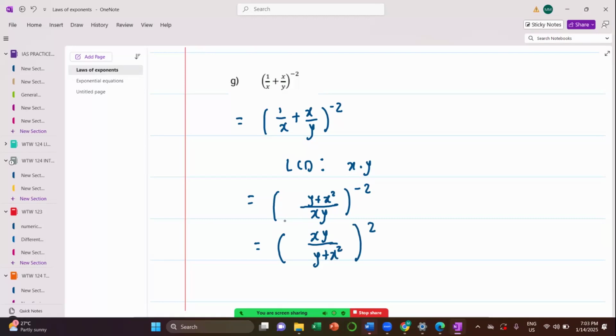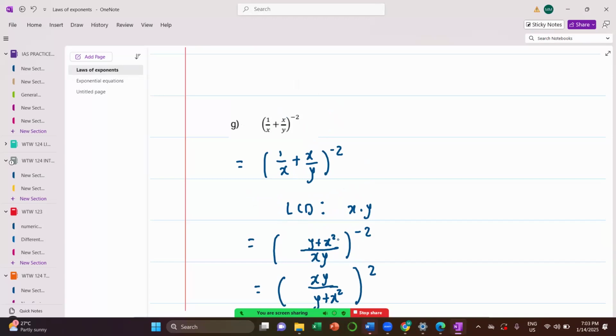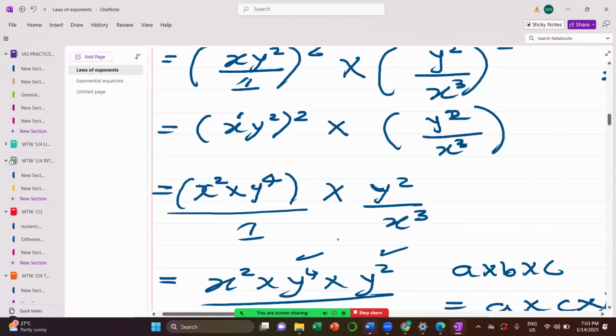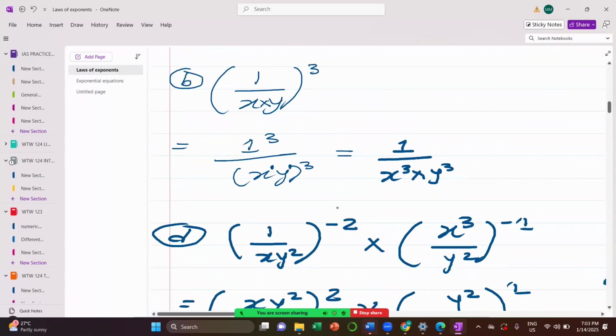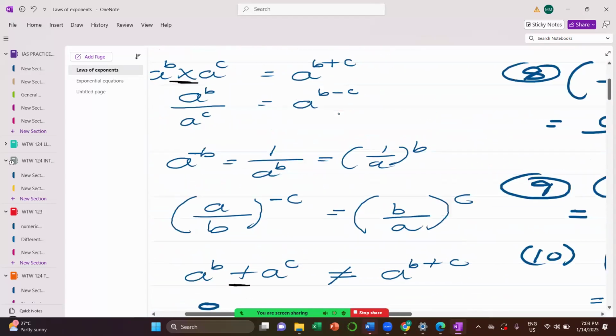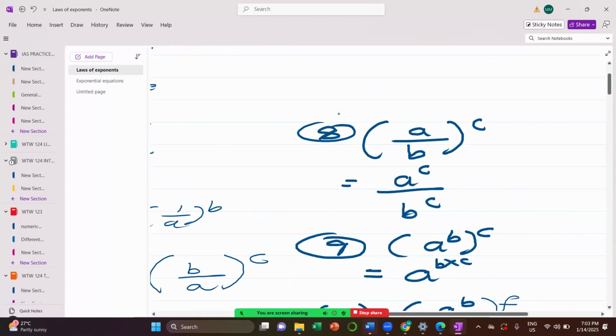Once we are here, what do we now do? Remember, there's this law that says if I have a numerator divided by a denominator, all raised to a common exponent, I can keep the numerator and give it that exponent, and for the denominator, I can keep the denominator and give it the exponent.